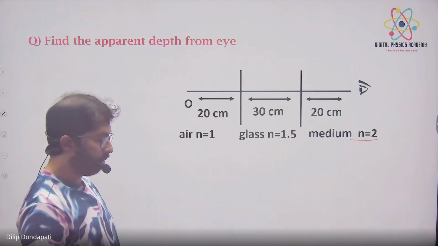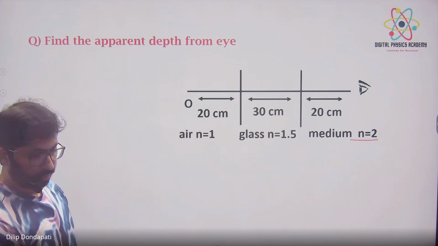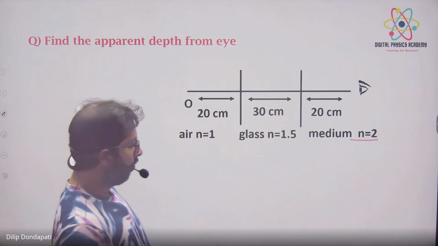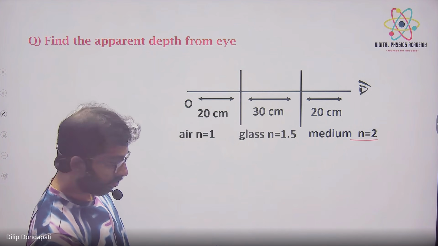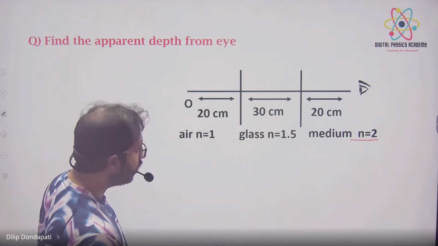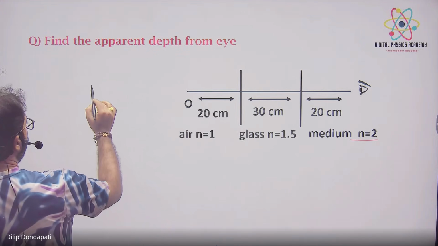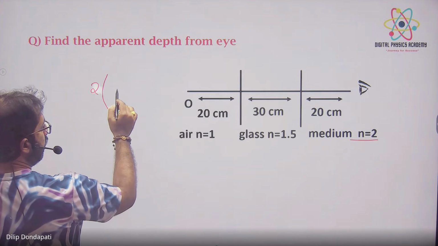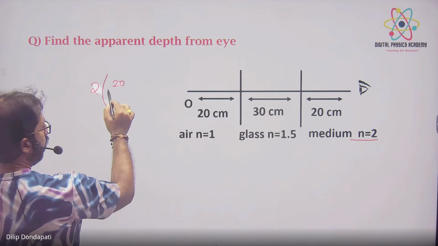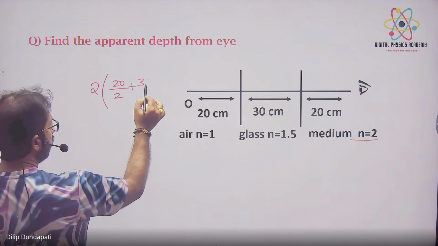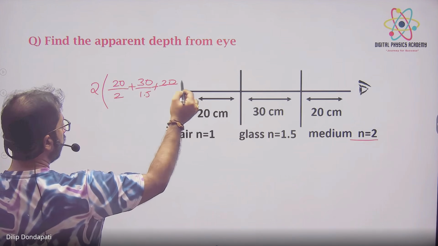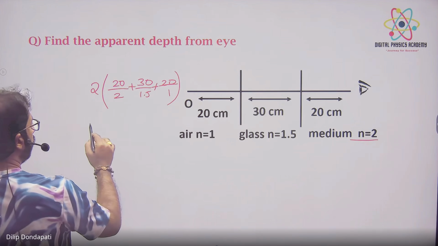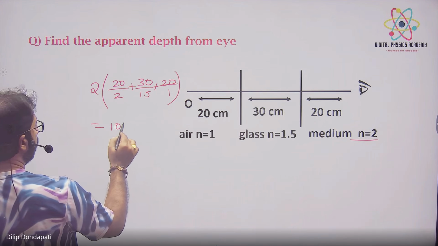Yes, 100 centimeters. So mu is wherever the eye is. So mu is 2 by d by mu1. So 20/2 plus 30/1.5 plus 20/1. So if you solve, you will get 100 centimeters.